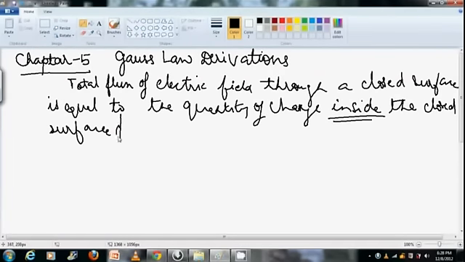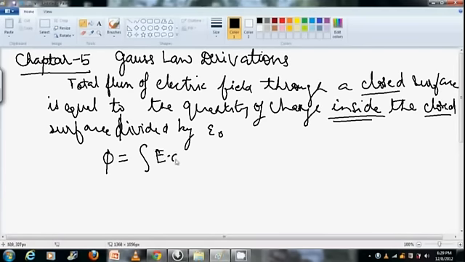divided by epsilon naught. And last class we also discussed the importance of the closed surface. So mathematically, Gauss law states that the total flux is the integral of E dot ds.